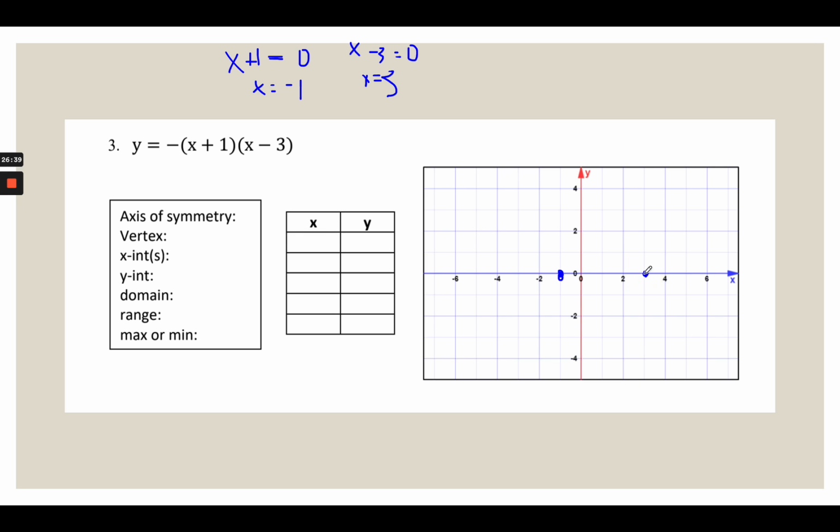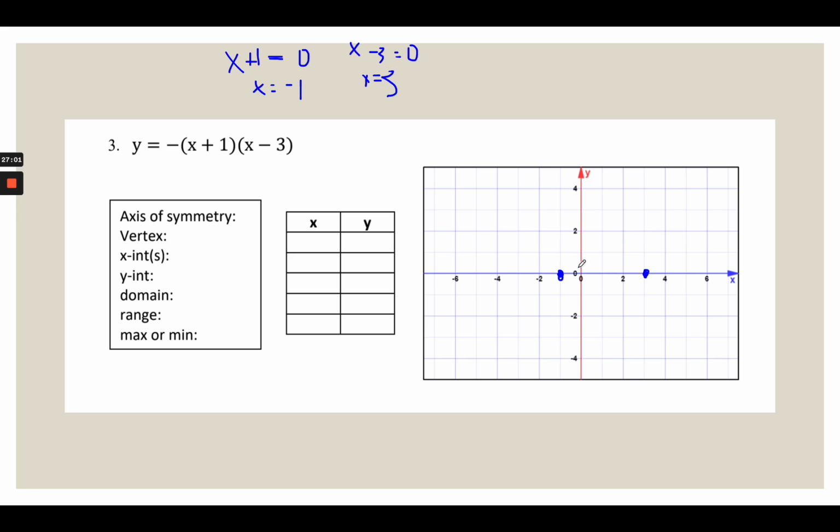Okay, now, this is where it gets a little different than all the other things we've been graphing. We know that there's going to be an axis of symmetry, right? This point is equidistant from the axis of symmetry as this point is. So we're going to count to the middle of these 2 points.